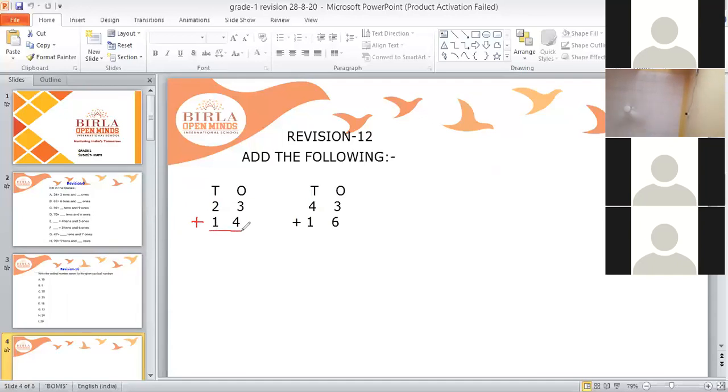Children, do not forget to put this plus symbol. Note down these two questions in your notebook: 23 plus 14 and 43 plus 16.